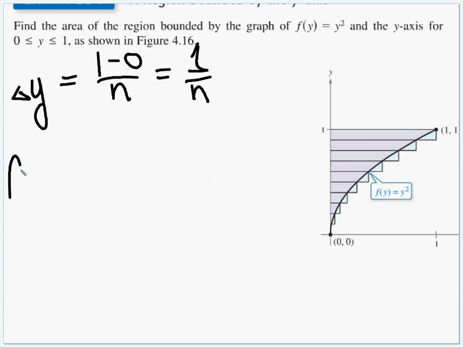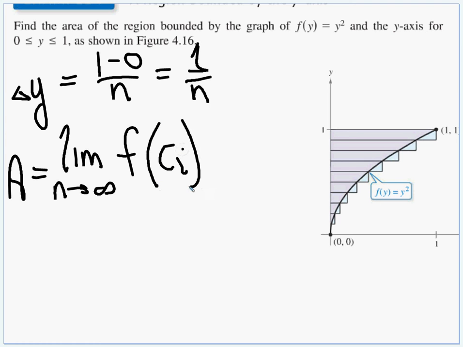And now our area is still going to be a limit when we let n go to infinitely large, and our function f of c sub i will still dictate the height of those rectangles, and delta y will be the base. Now the big thing here is our function must be in terms of y, and they gave it to us in terms of y. So we are sort of good to go here.